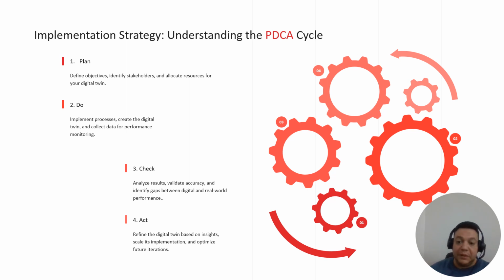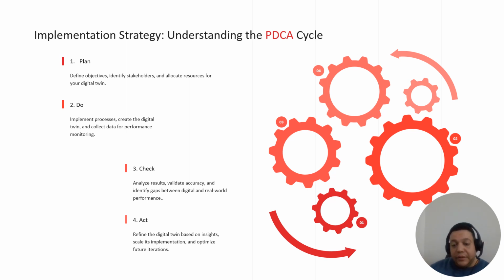Now for the implementation. There is a fact I always stick to, PDCA, even in my usual routine life. Plan, do, check, and act. And for the plan, we need to define our objectives.